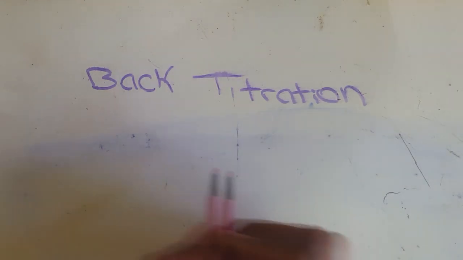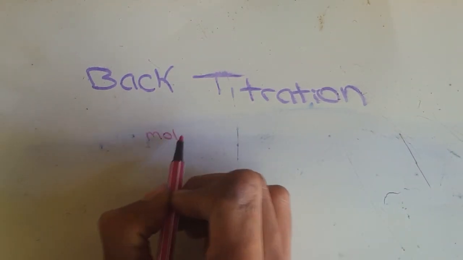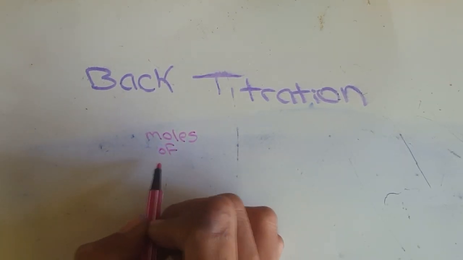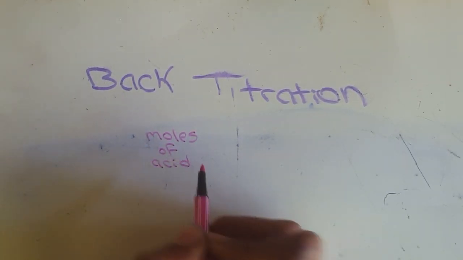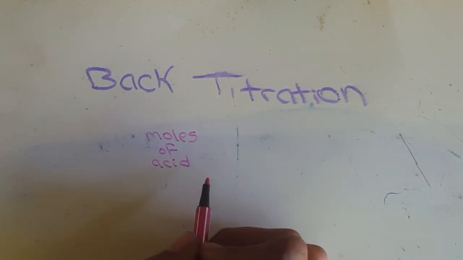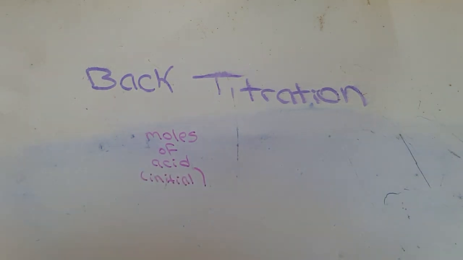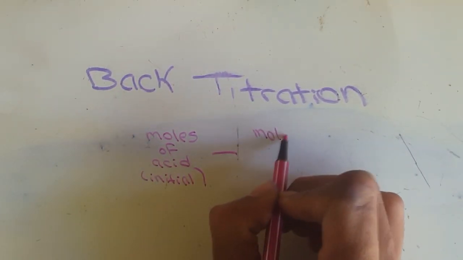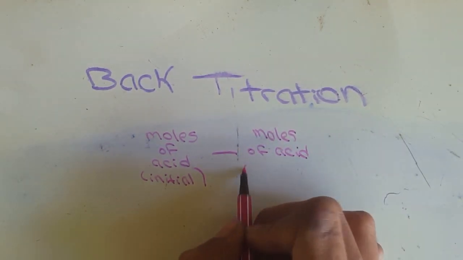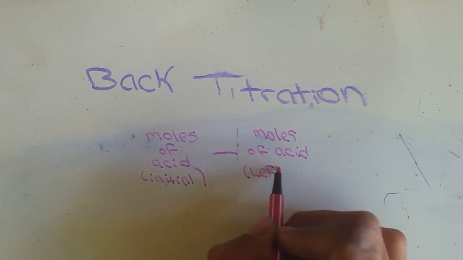So like I said initially, you have the moles of acid, this is a strong acid, initially. Then you can subtract from this the moles of acid left over.